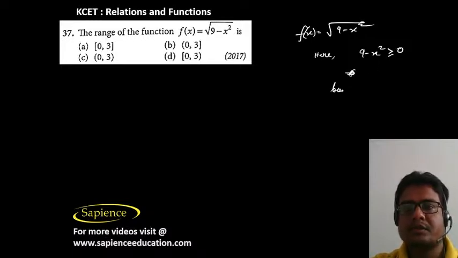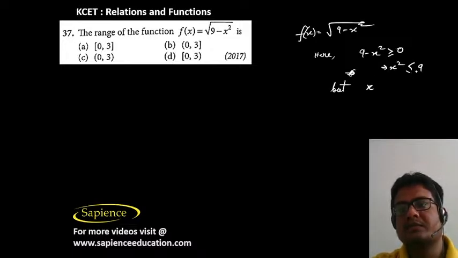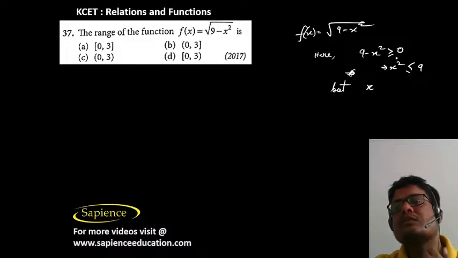So but here, it means that x square should be less than or equal to 9.